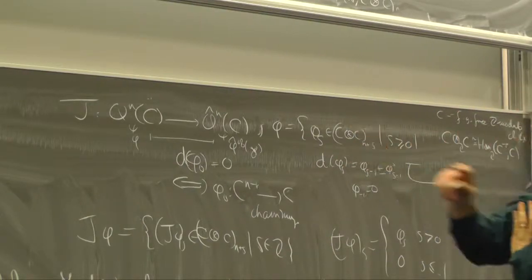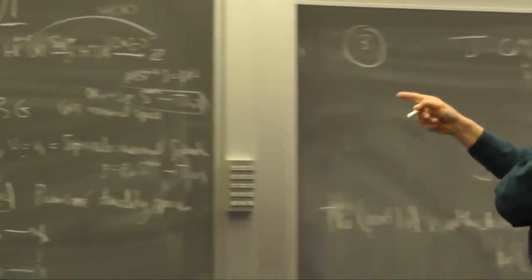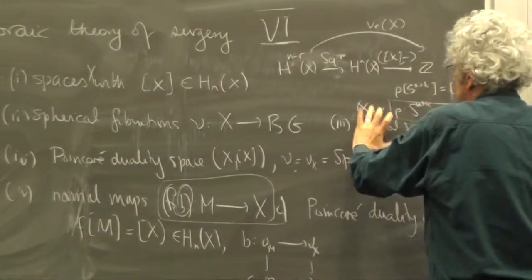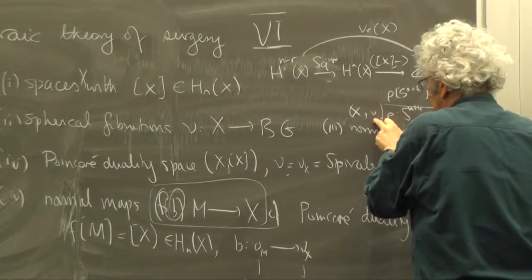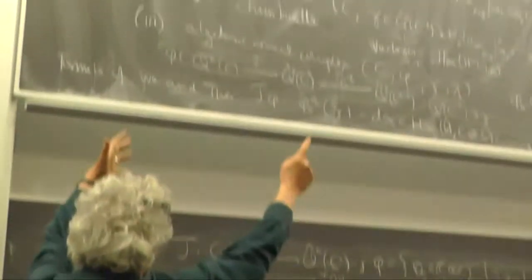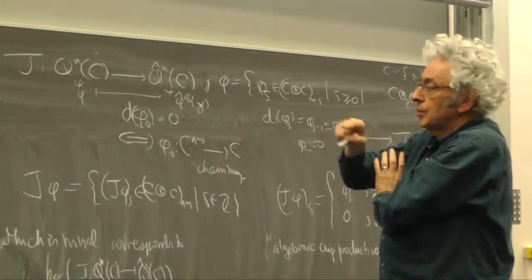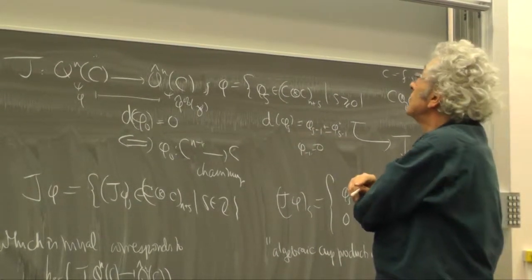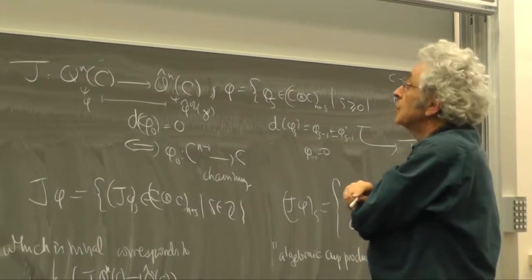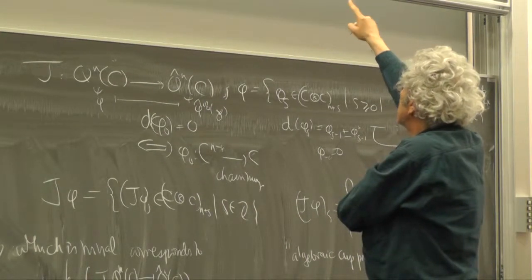So, corresponding to 3, a normal space, I have 3 components: a space, a spherical fibration, a spherical Thom class. Here I have a translation into a chain complex, a symmetric structure, which depends only on the fundamental class, the image of the spherical Thom class. And I have a chain bundle and this clutching map.